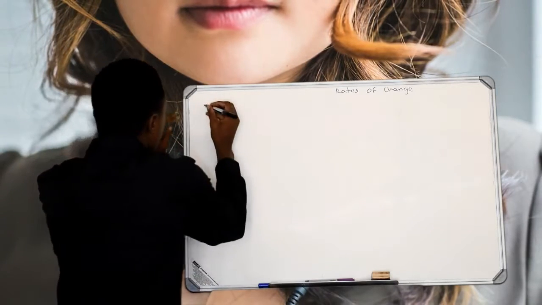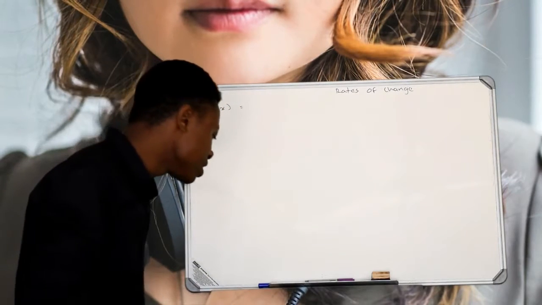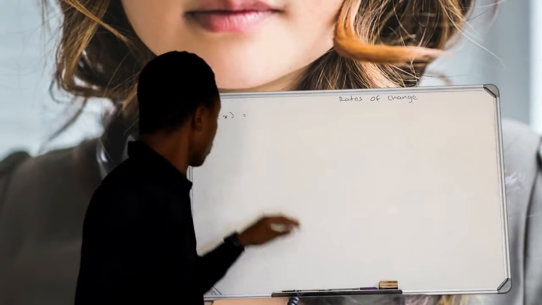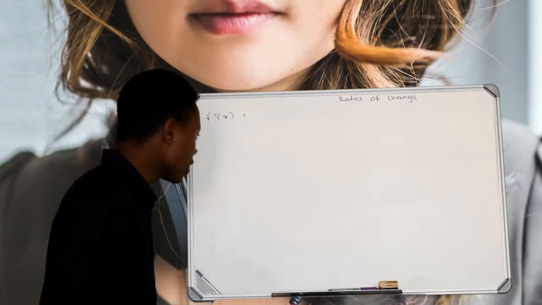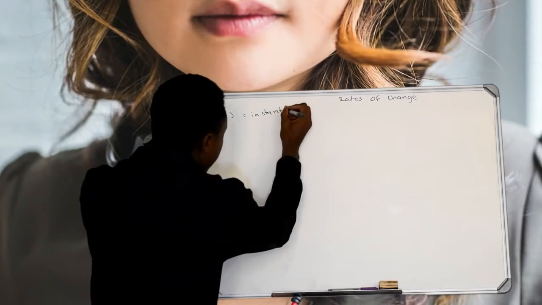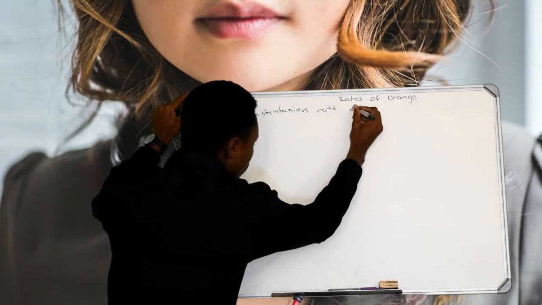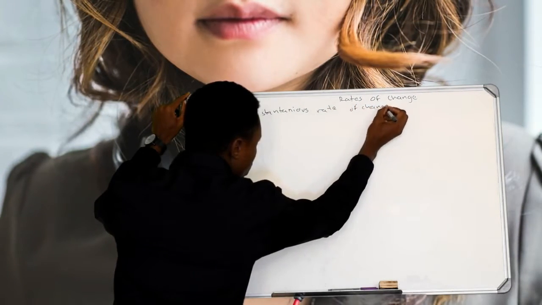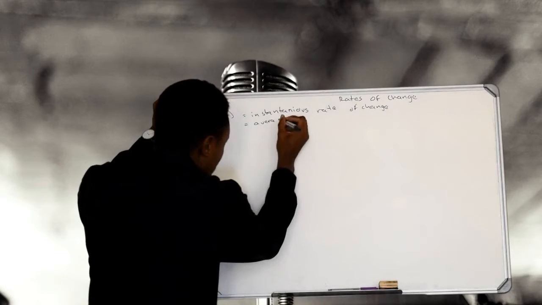Example, f prime of x, right? f prime of x is equal to the instantaneous rate of change, with respect to x. So f prime of x is also equal to the average gradient, right?